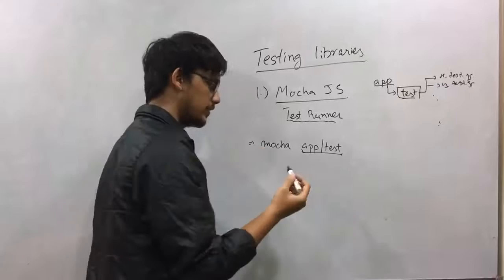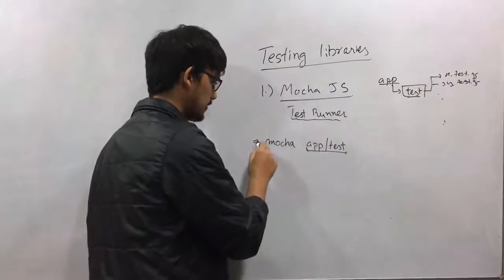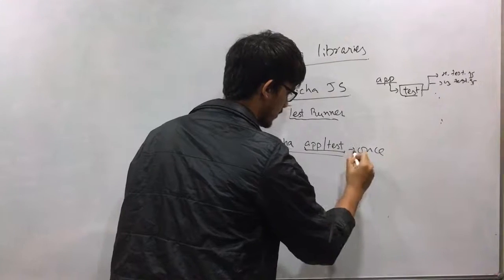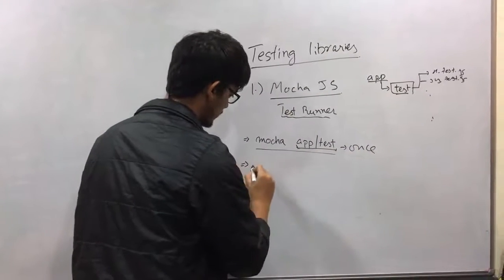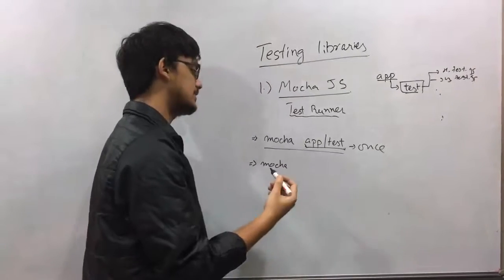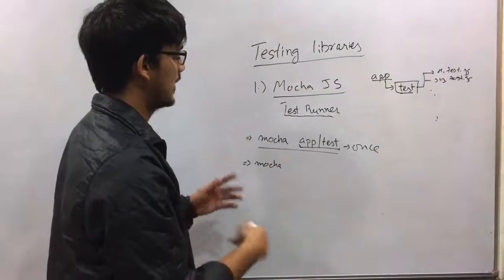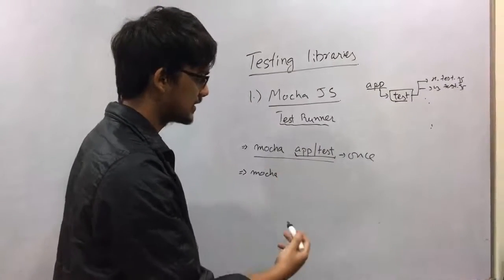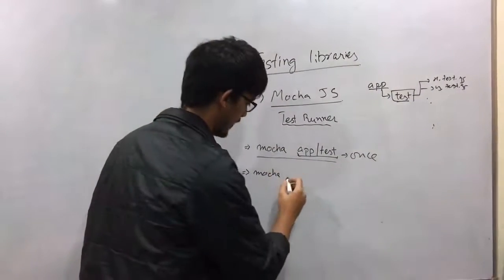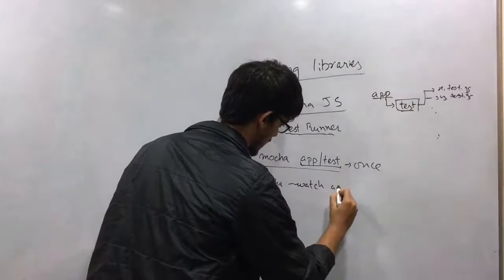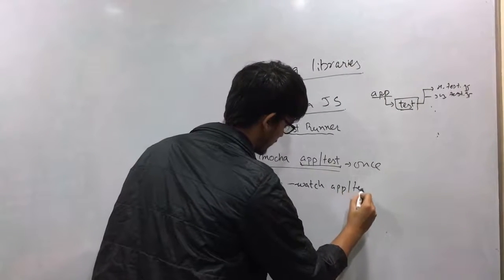Now Mocha can provide you with two functionalities. The first one is to run the test cases once, and the second option is to run the test cases as you code. That means that suppose I am coding something and the test cases would be running in the background simultaneously. And if a test case fails, I'll get notified. That is watch app/test.